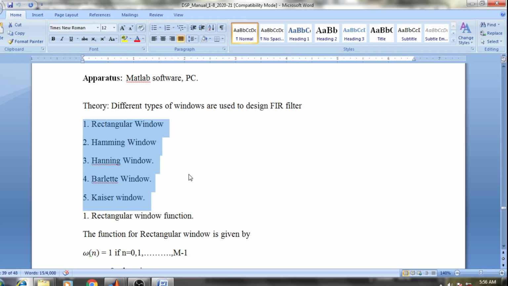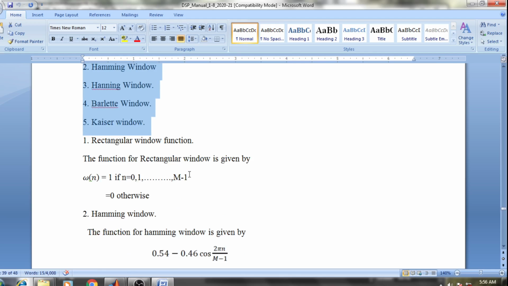Every window has its own expression for defining its function. The rectangular window function is declared by w of n equal to 1, for n from 0 up to M minus 1, and its value is 0 for other cases.